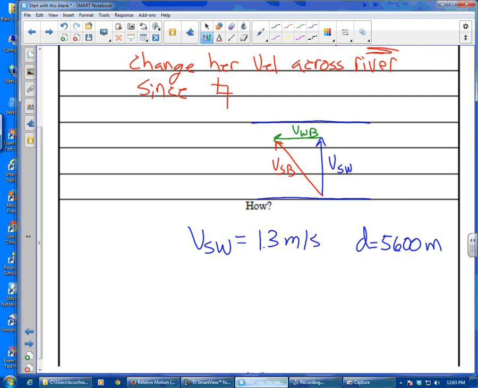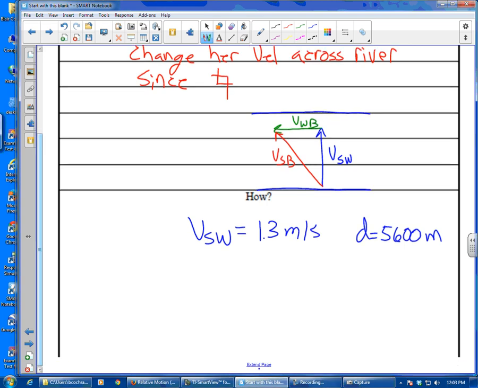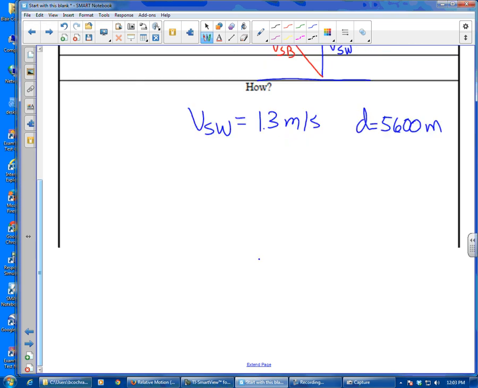So that's across the river. I'm going to use D equals D naught plus V initial t plus 1/2 a t squared. No acceleration.